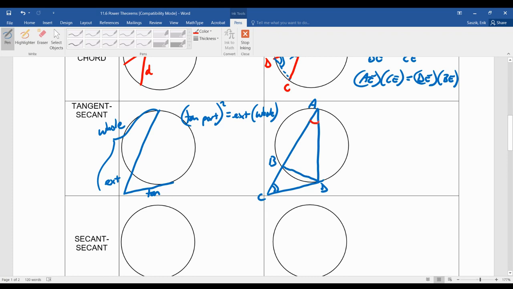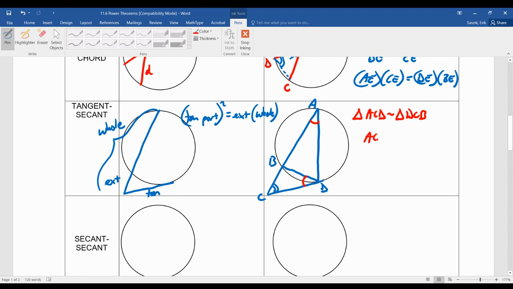So that means that angle A must be congruent to angle BDC. So we have similar triangles, ACD similar to triangle DCB. Okay, make sure you match those up correctly.